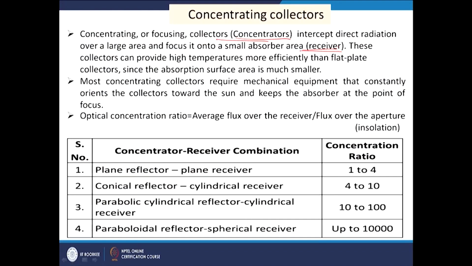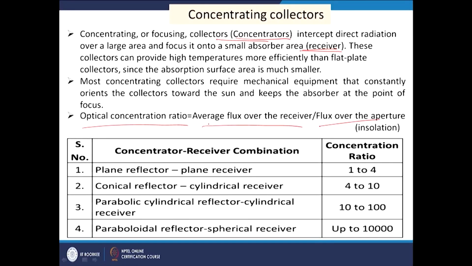Depending upon the shape of these collectors and receivers, the extent of concentration also varies, which is defined by the optical concentration ratio, that is the average flux over the receiver divided by the flux over the aperture of the collector. That is, how much insolation is coming on the collector and how much insolation we are getting at the receiver.